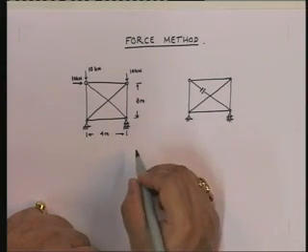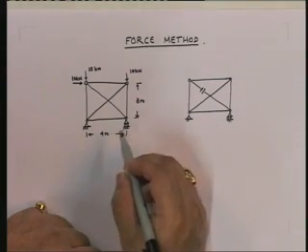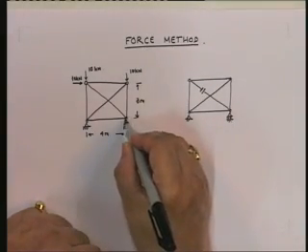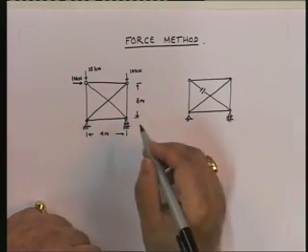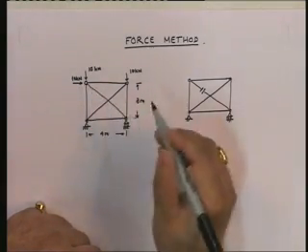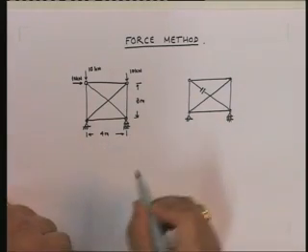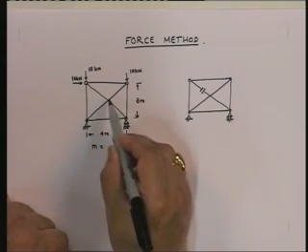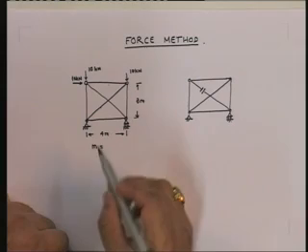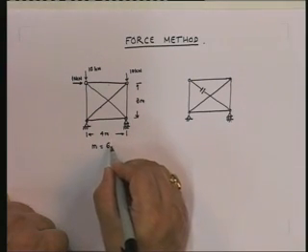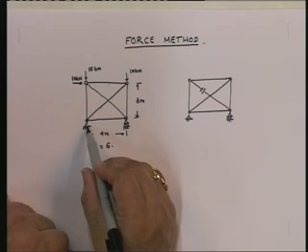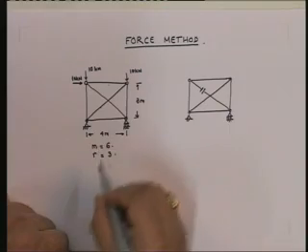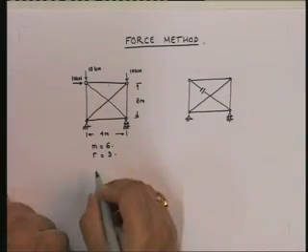Now, if you look at this, understand that in the force method, the starting point is to find out the static indeterminacy of the structure. So, here we find out the static indeterminacy of the structure, and let us go through the steps. Number of members: 1, 2, 3, 4, 5, 6. So, 6 members. Number of reactions: 1, 2, 3. Number of joints: 1, 2, 3, 4.